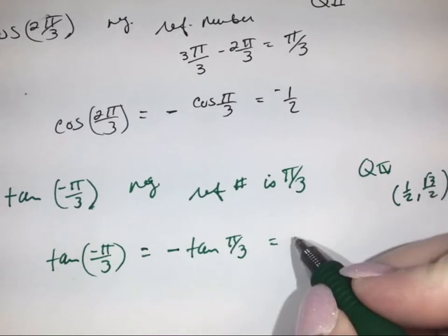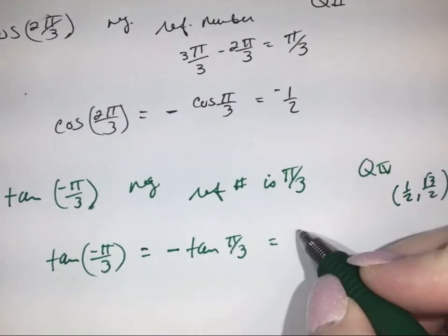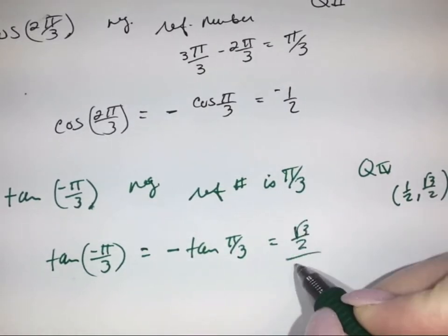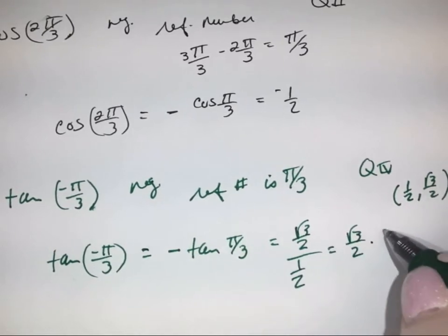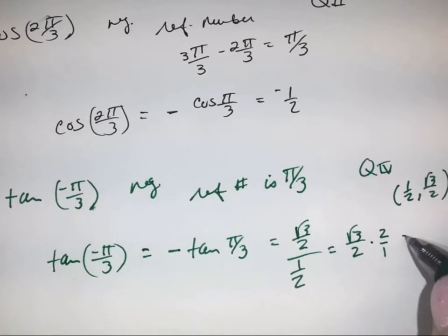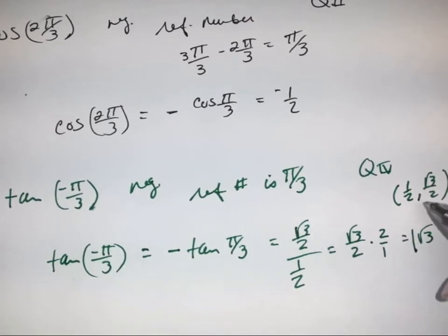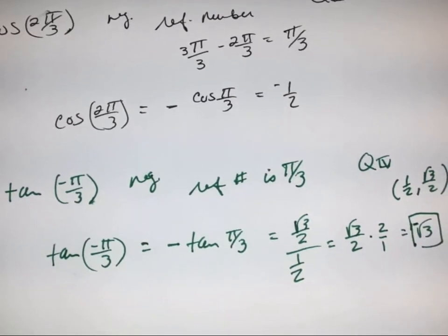It's y over x, so square root of 3 over 2, divided by 1/2. Multiply by the reciprocal, the 2's will cancel, and we get the square root of 3. But we have to put in that negative sign because it was the negative of that answer. So it'll be negative square root of 3.